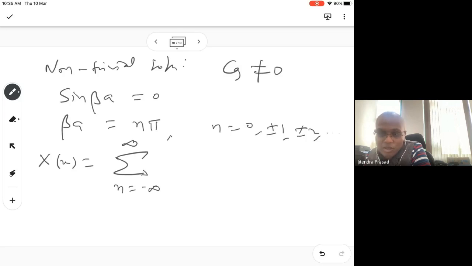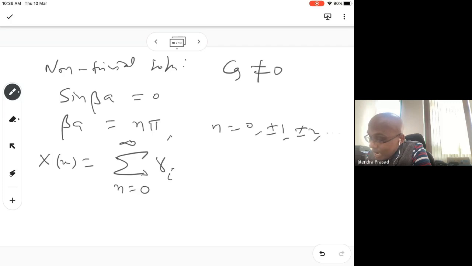All negative, or you can just have the positive numbers as well. Typically you don't write it this way, you write n equal to 0 to infinity, and then you have some coefficient. We have used C, so we will not use that. Let's say gamma, this gamma n, which is a coefficient.